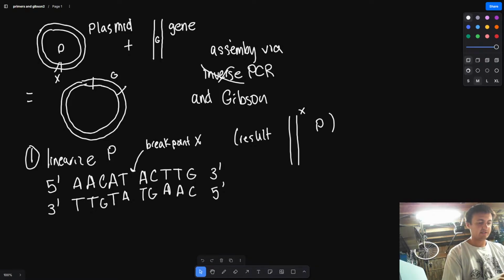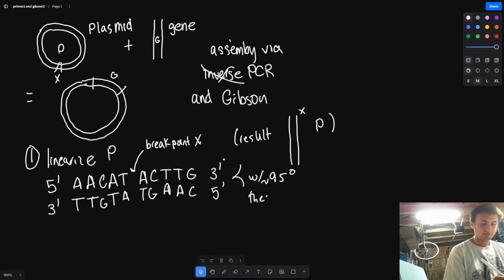So anyways, let's get into how we are going to linearize this thing. Well, we know that if we heat up DNA, with heat, 95 degrees-ish, these two strands come apart.